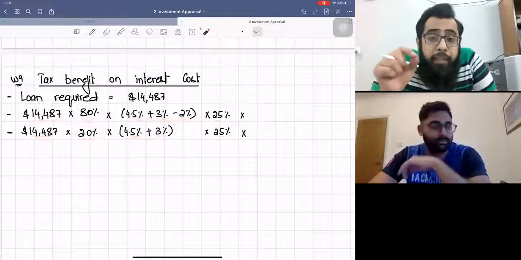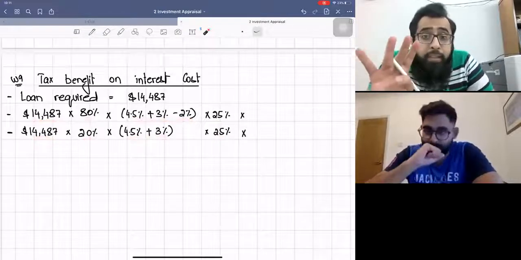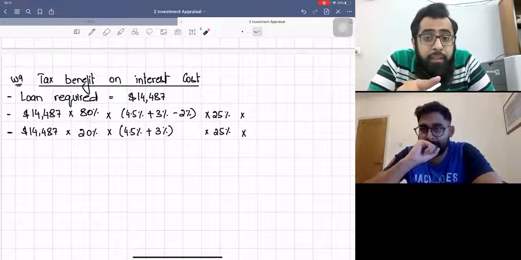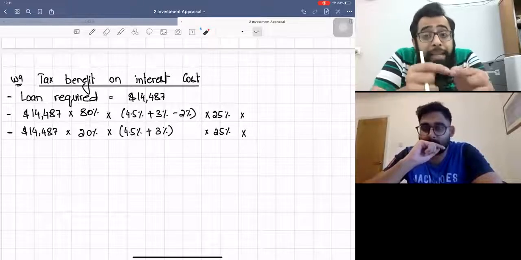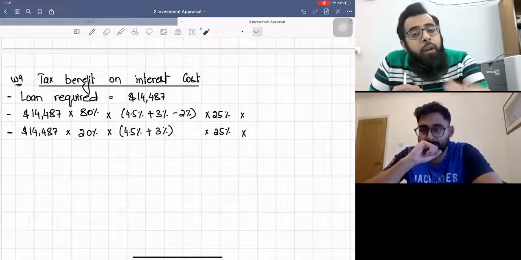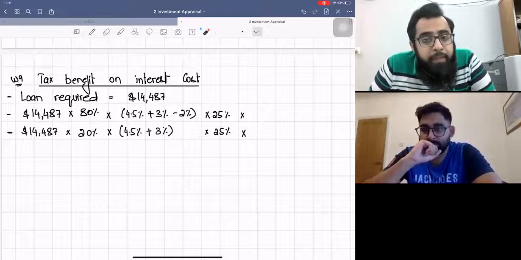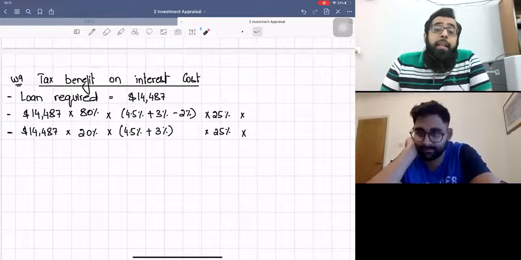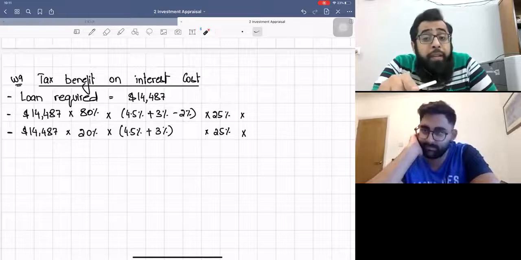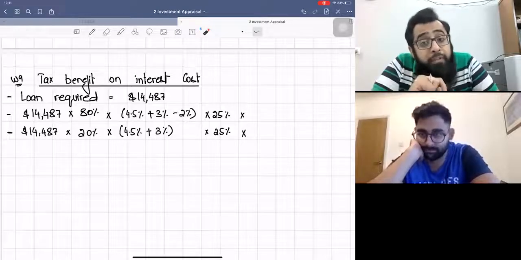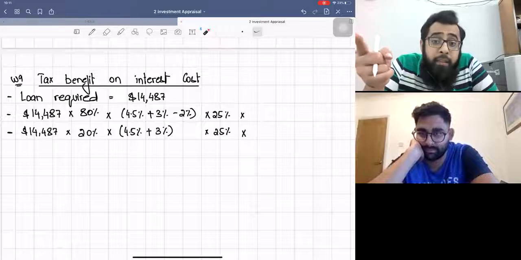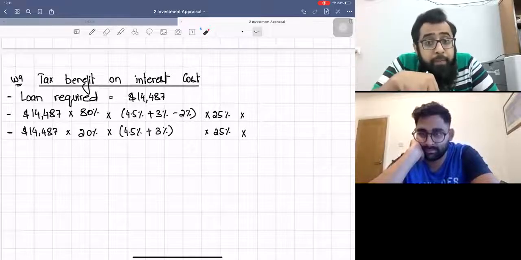Now I have to multiply it with the 4 years annuity factor so that I can get the present value of this tax benefit. Now the question is, what will be the rate of interest for that annuity factor? Will that rate of interest be of the base case NPV or will it be different?